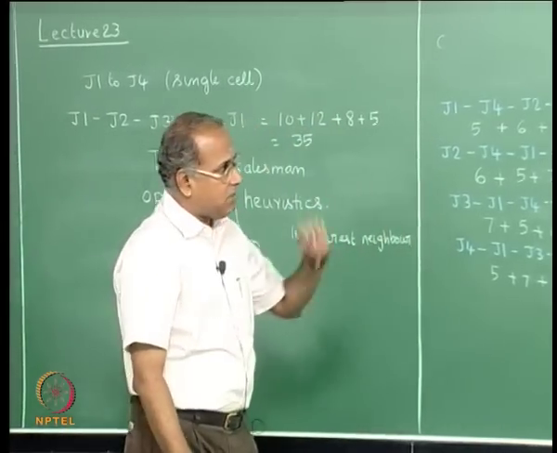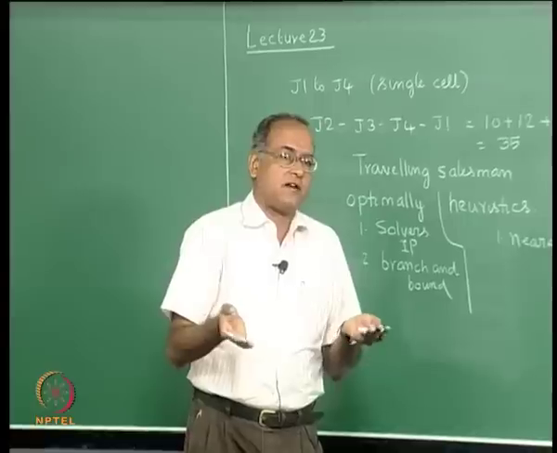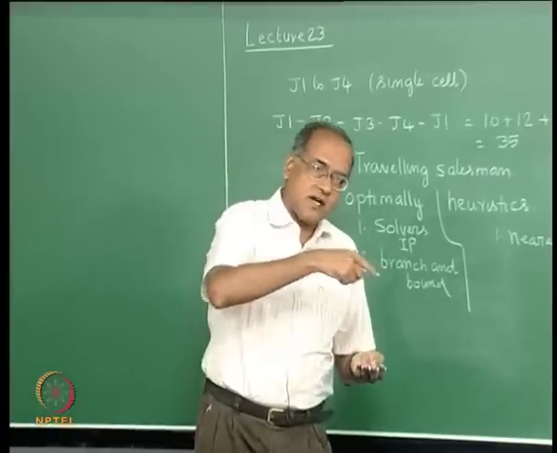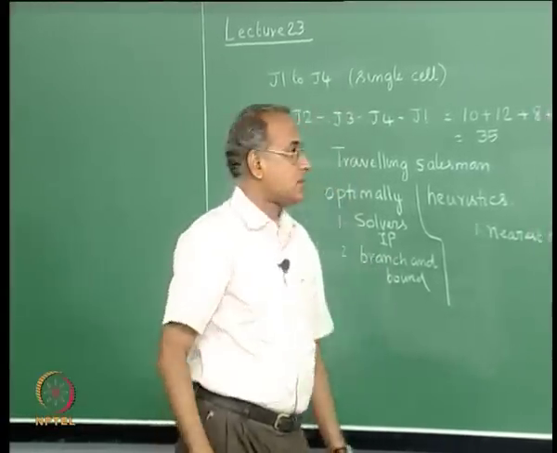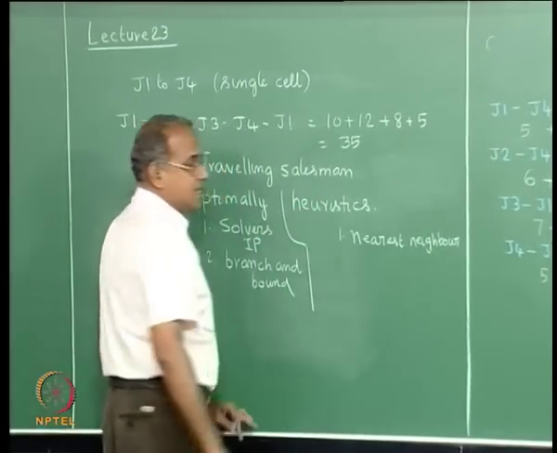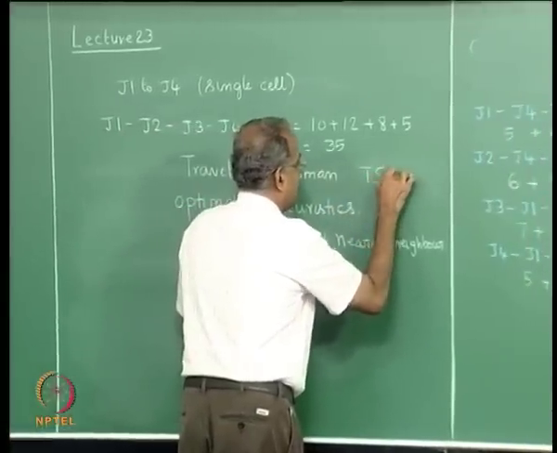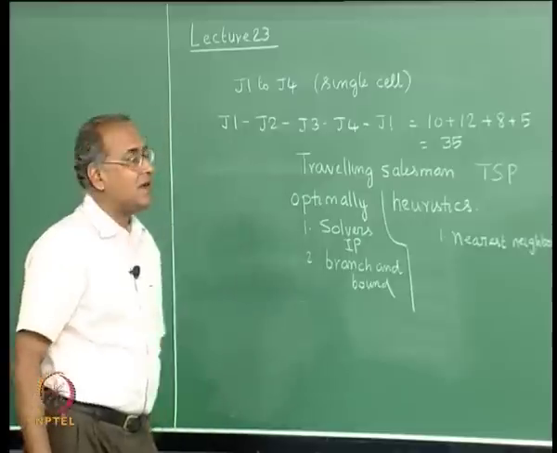This is equivalent to saying: start with one product, go to the next product which has minimum changeover, and do this till you exhaust all the products, and then come back to the starting one. When we come back to the starting one, it is called the travelling salesman circuit problem, often called TSP, the travelling salesman problem.